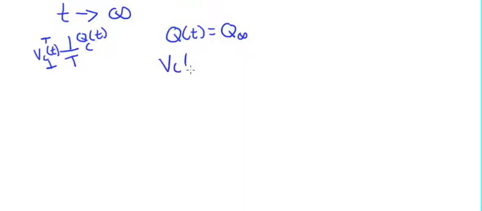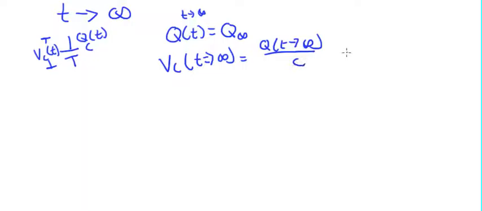Great. As t goes to infinity, this is going to be Q at t going to infinity over the capacitance C, and that's going to be equal to Q infinity all over the capacitance C. So the big idea here is this is a constant.